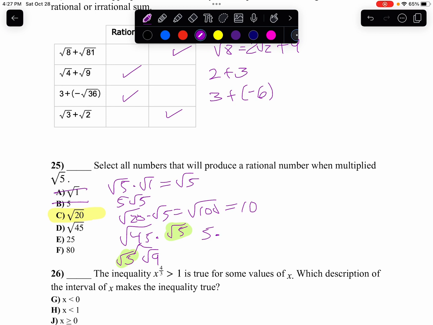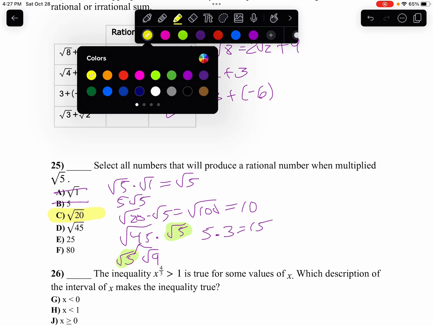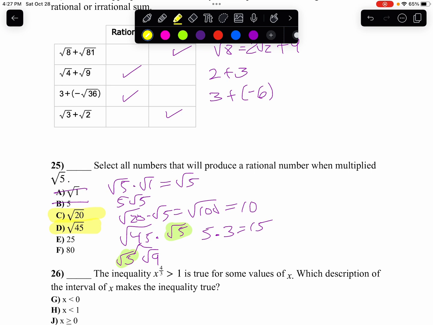The square root of 9 is 3, so I'll get 15 for an answer. So that will be rational. Now, if I multiply a whole number by a square root, I'm just going to get a square root, so those won't work.